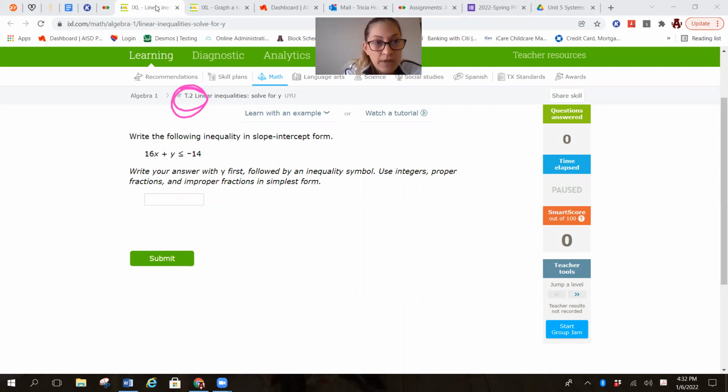And write the following inequality in slope-intercept form, which is y equals mx plus b. Notice it tells you how to write your answer. Write your answer with y first, followed by an inequality symbol. Use integers, proper fractions, and improper fractions in simplest form.